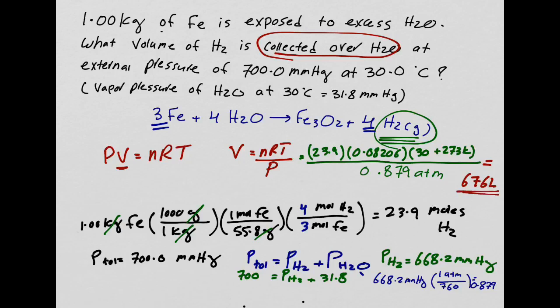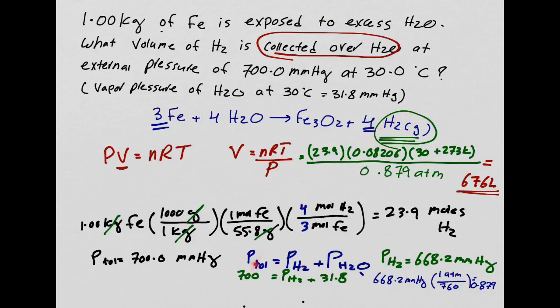I'm going to go over this one more time. Again, this is PVNRT. Gases, you write down PVNRT. It is not a changing problem, so it's straight up PVNRT. The only key though in this problem is that you have to be careful that this is collected over water. If you collect over water, some of the water molecules are going to go to the gas phase and are going to convolute the H2 pressure.